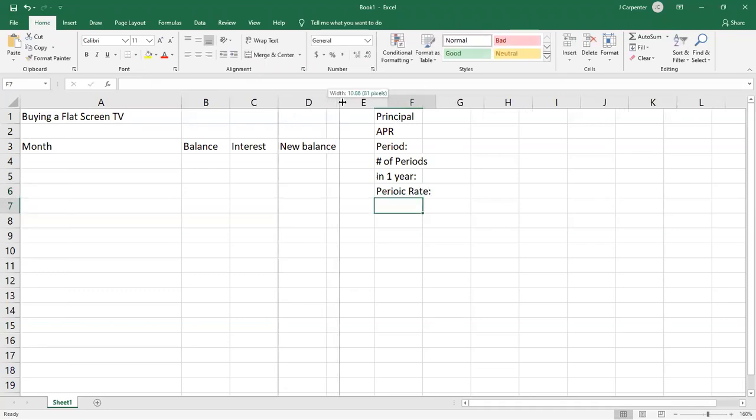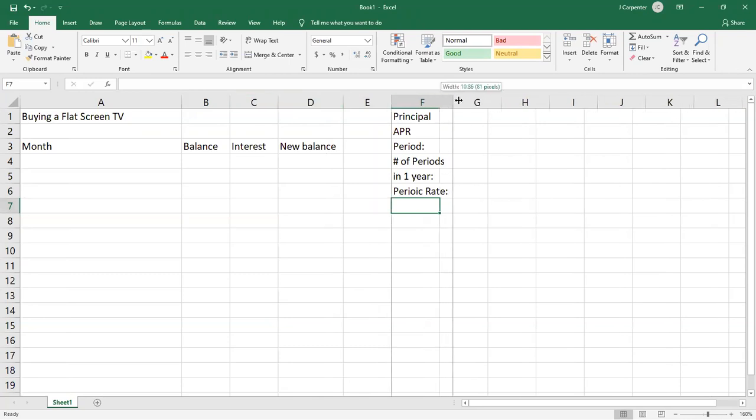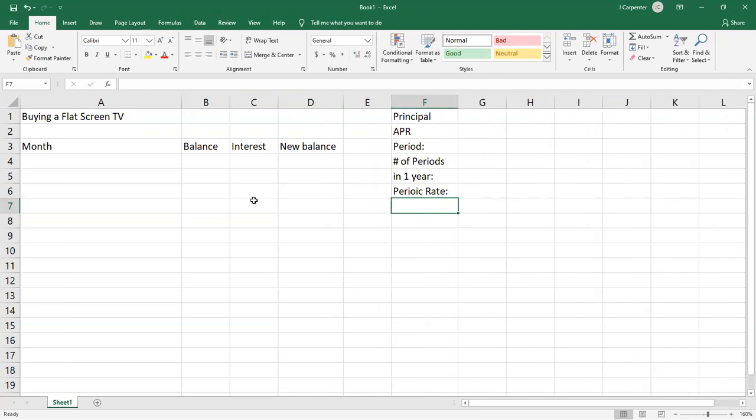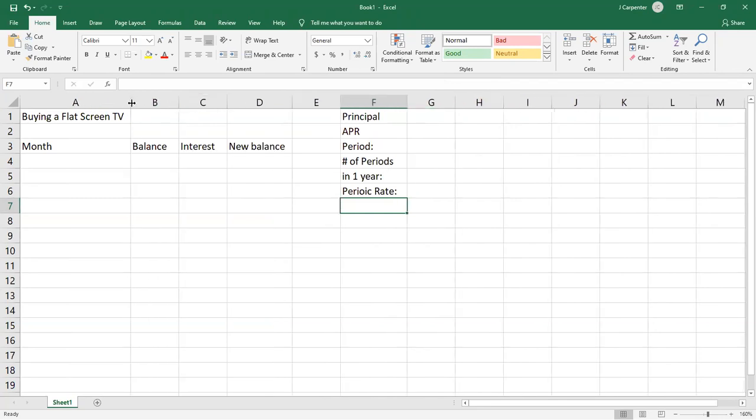Let's make things good widths. I'm not too worried about getting things the proper color.